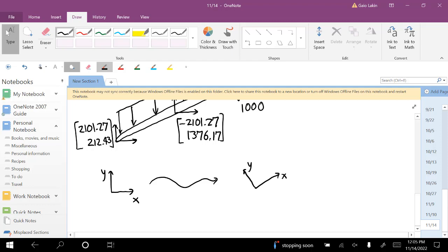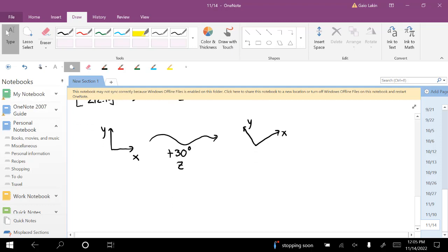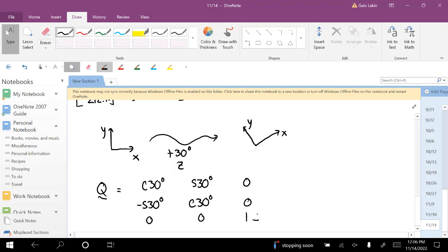And that's counterclockwise, so that's a positive 30 degrees about the z-axis. Okay, so our rotation matrix, capital Q, is cosine of 30, sine of 30, 0, negative sine of 30, cosine of 30, 0, 0, 0, 1.